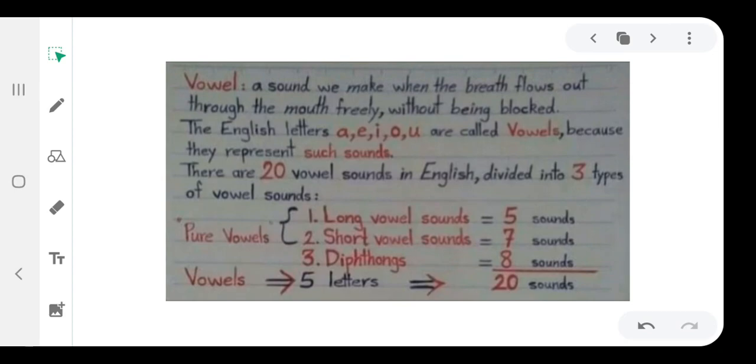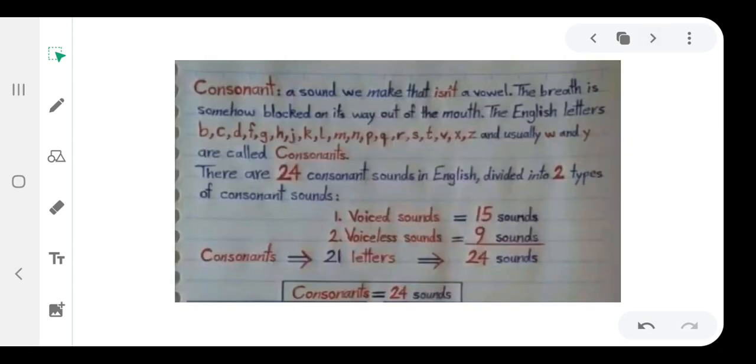Vowel, a sound we make when the breath flows out through the mouth freely without being blocked. The English letters A, E, I, O, U are called vowels because they represent such sounds. Consonants. Consonant, a sound we make that isn't a vowel.